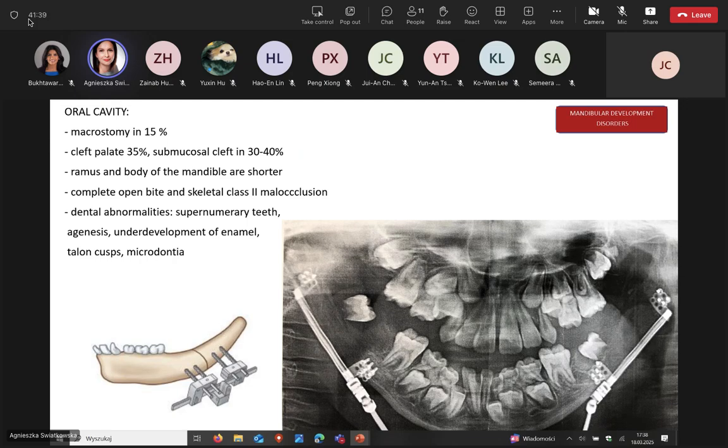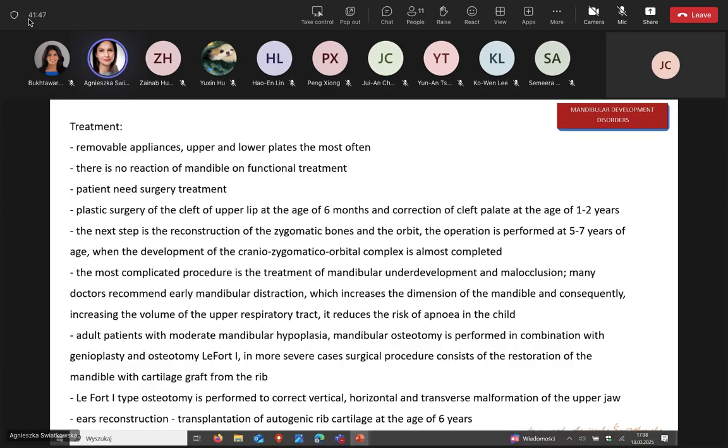Distraction could be used also when the patient is growing. It's not only a method of treatment when the patient finishes growth, but it's a good method of treatment when the patient is still growing. Treatment. Removable appliances, upper and lower plates, most often.